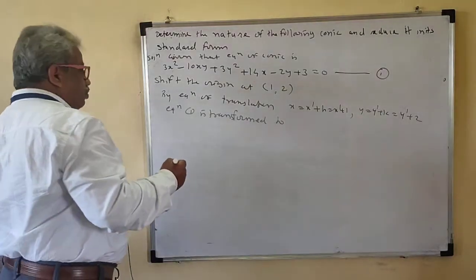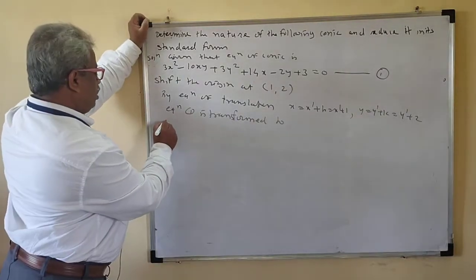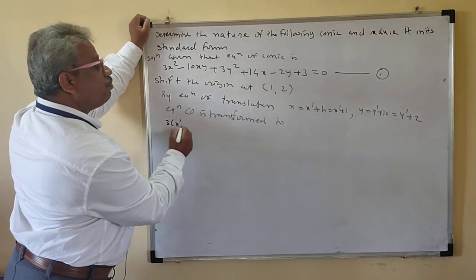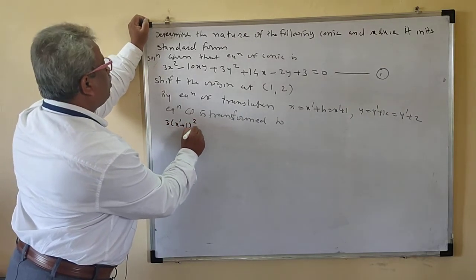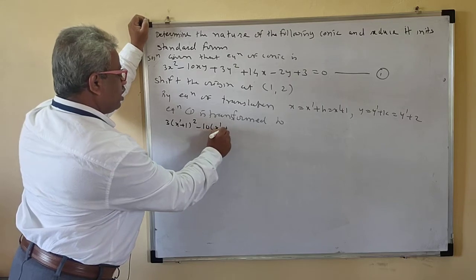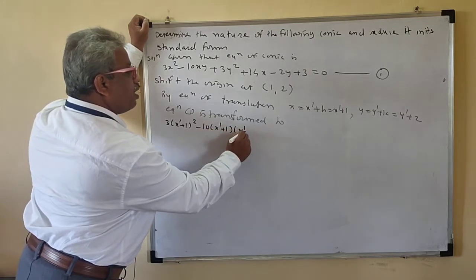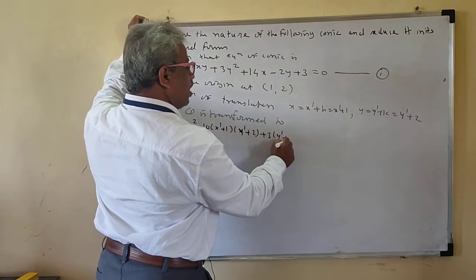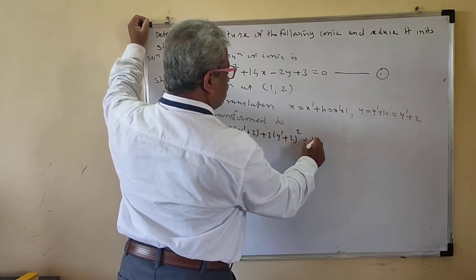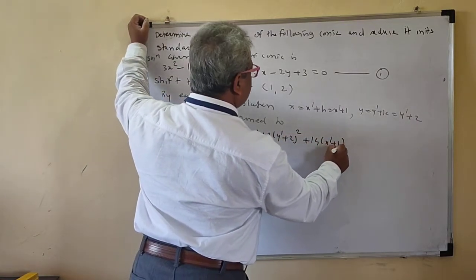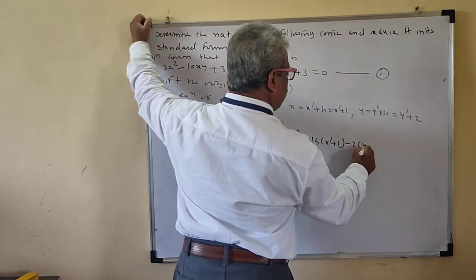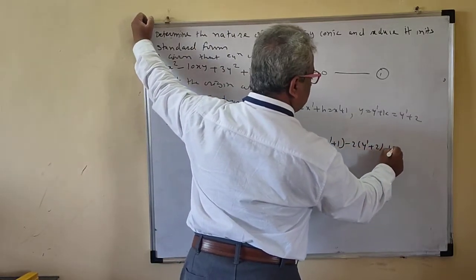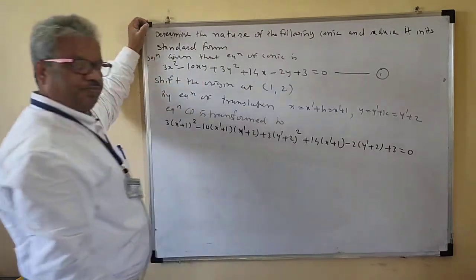3(x prime plus 1) whole square minus 10(x prime plus 1)(y prime plus 2) plus 3(y prime plus 2) whole square plus 14(x prime plus 1) minus 2(y prime plus 2) plus 3 is equal to 0.